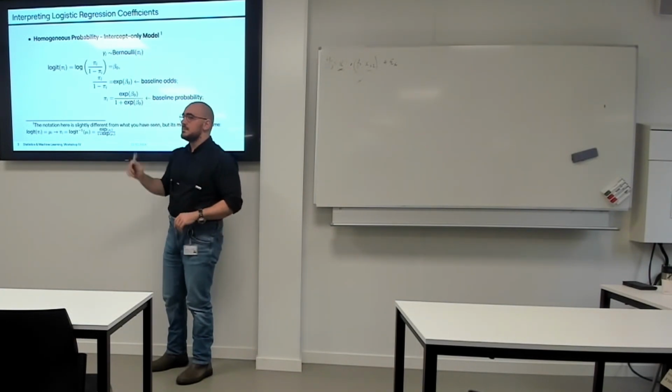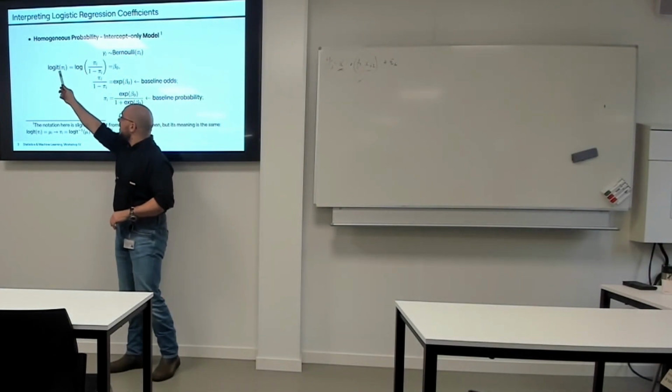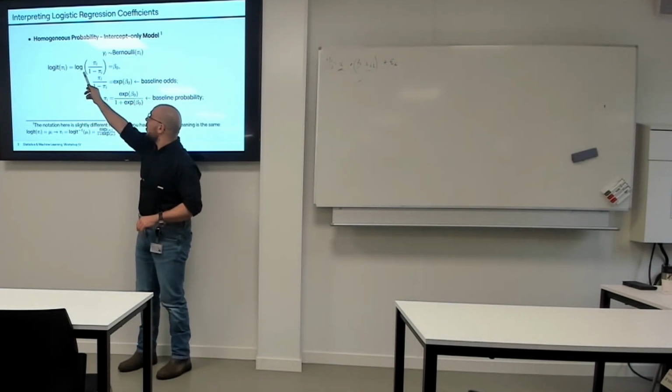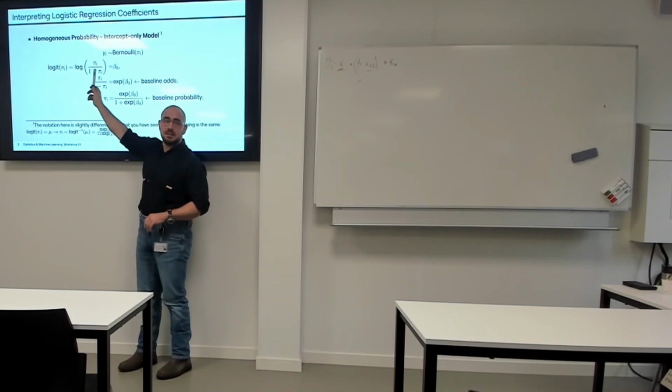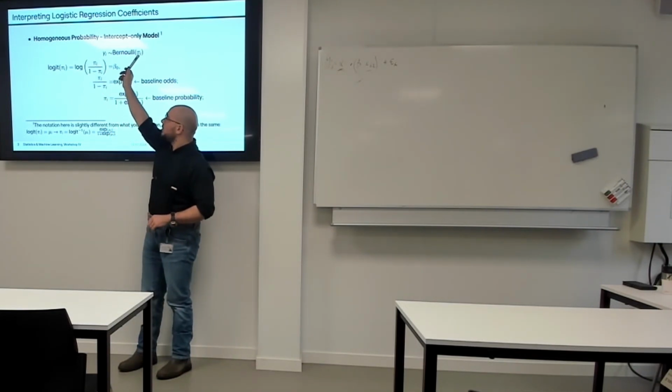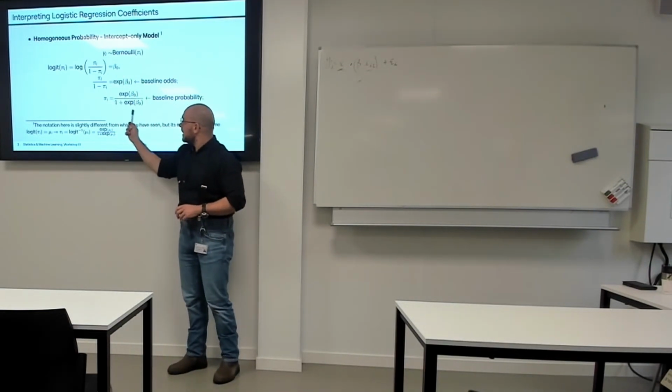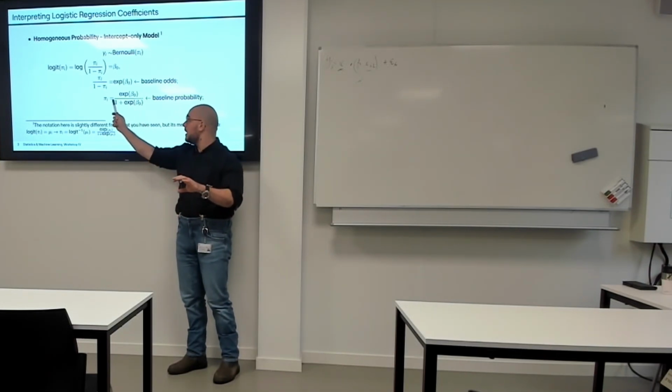Let's walk through that. Firstly, do you recognize this? If I tell you the logit of pi is equal to the log odds of pi, does this look familiar? No, it doesn't. Okay. So pi is the probability, right? You remember the inverse logit function that is used to go from a linear model to a probability?